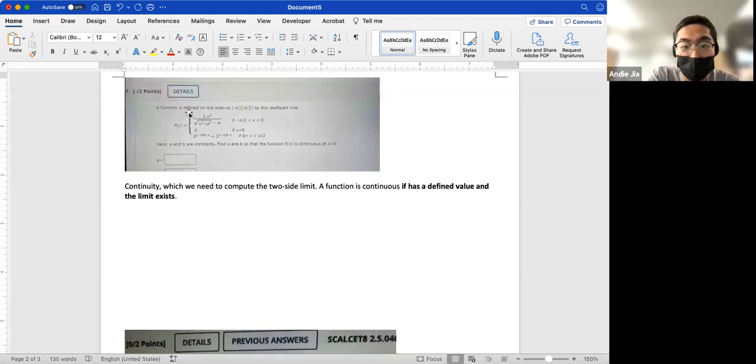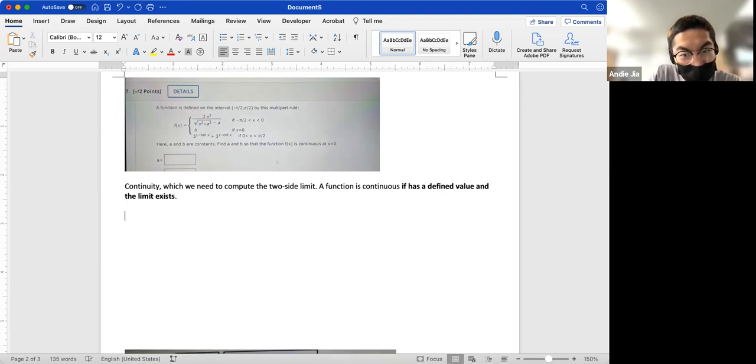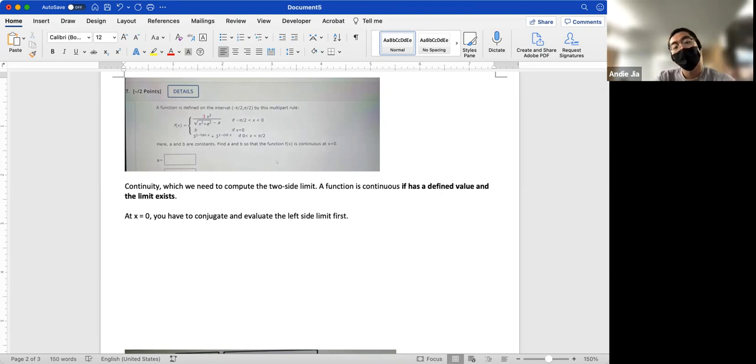First of all, you can see a radical, so just conjugate the radical. You have to conjugate and evaluate the left side limit first.